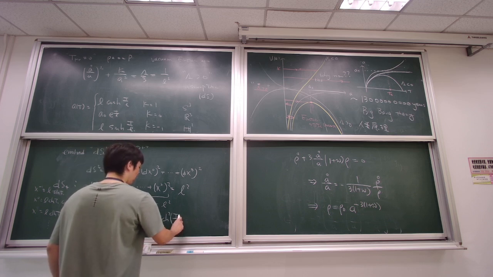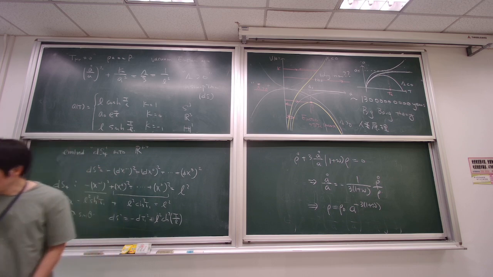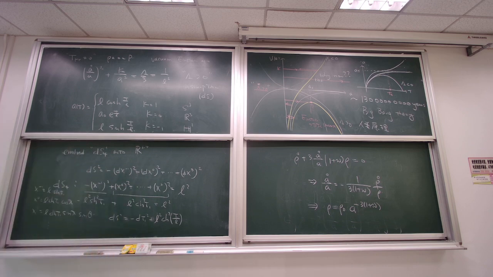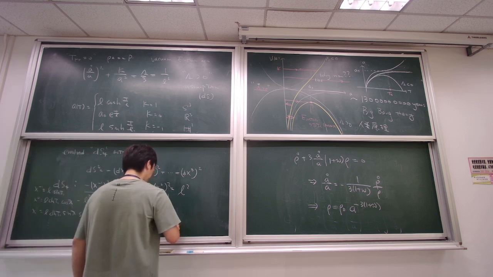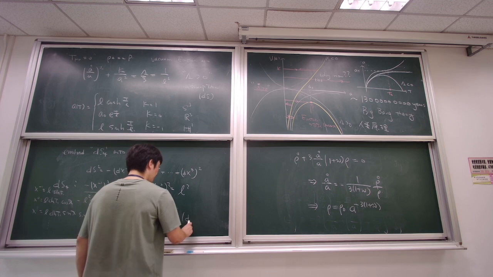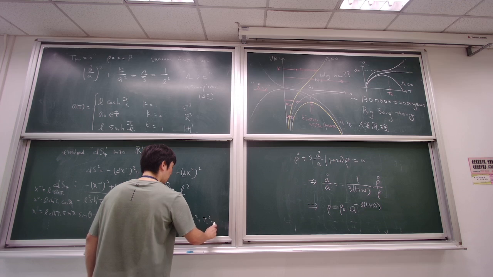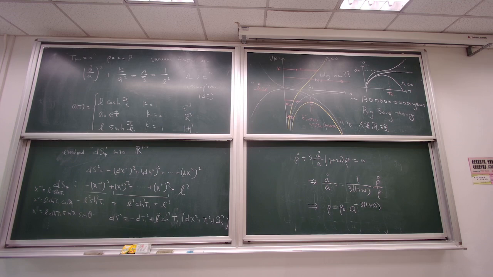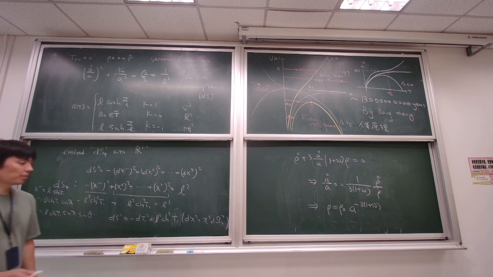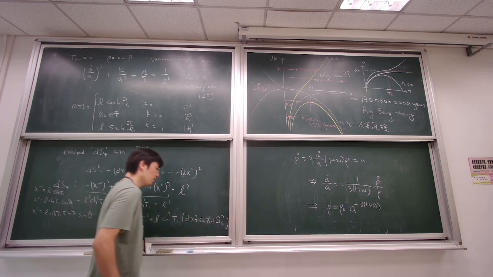It's tau 1 over L. Do I need to introduce tau? Okay, tau 1 is okay. And then d chi squared plus sine squared chi d omega 2 squared. Okay, so that's what we get. Sorry, I made a mistake: this is sine chi. Okay.